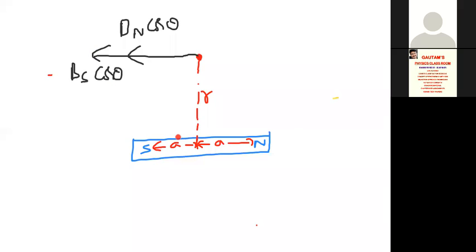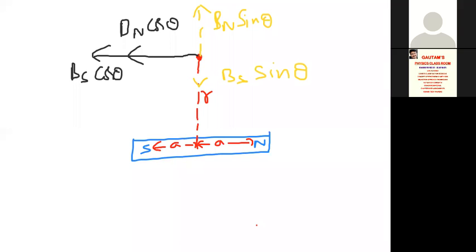So observe carefully here. Now I am drawing upward what we have: Bn sin theta. In the downward direction we have Bs sin theta.